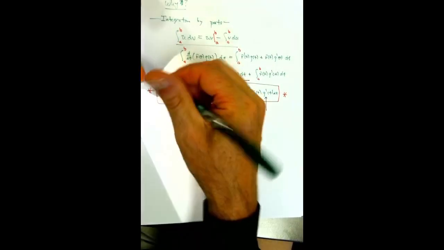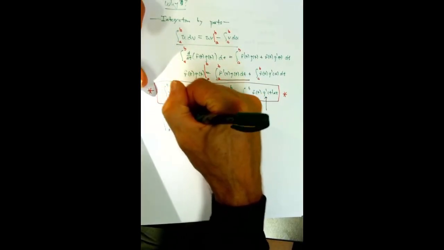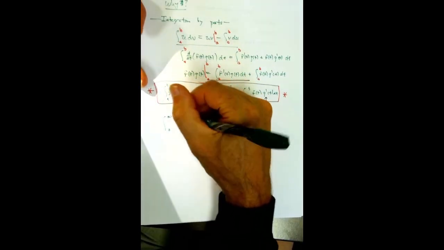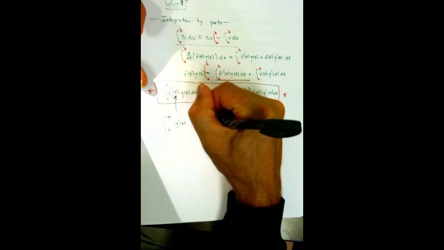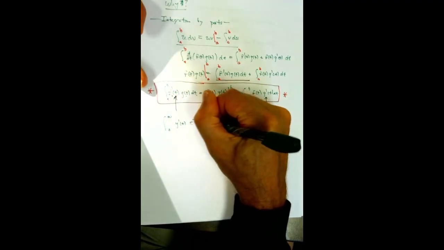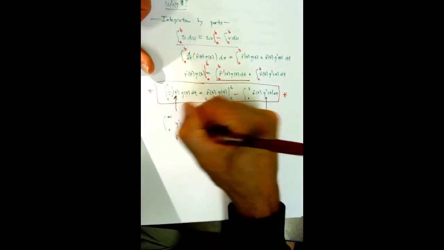So what if I had the integral from 0 to infinity of y prime times e to the minus st dt? So from above, this is like my f prime, this is like my g.